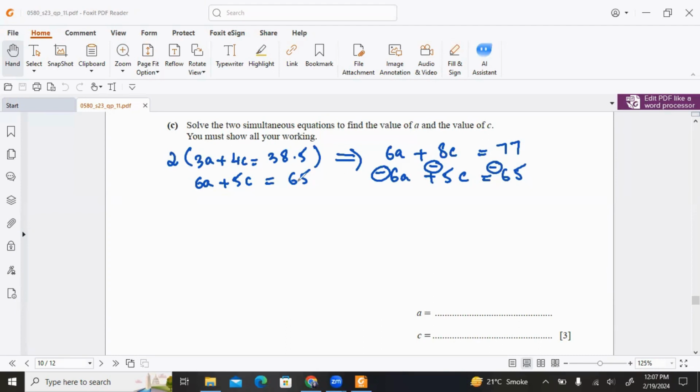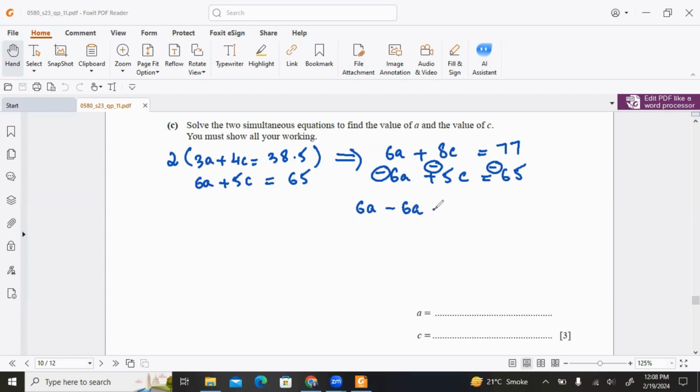Since they were positive, I made them all negative. Now I'm going to add these equations, or you could say that we're subtracting the second equation from the first equation.